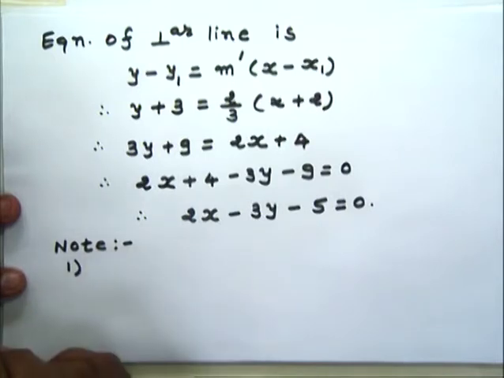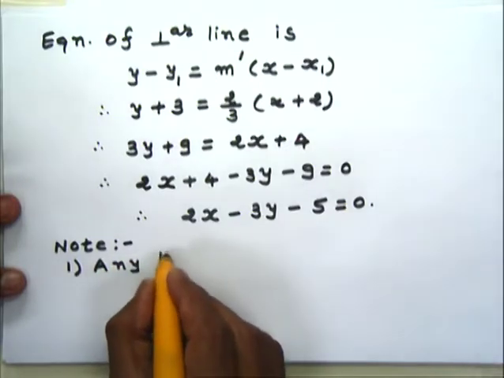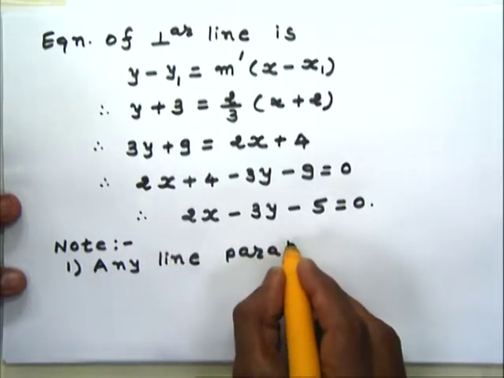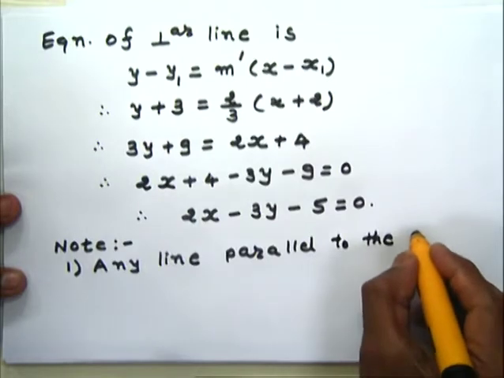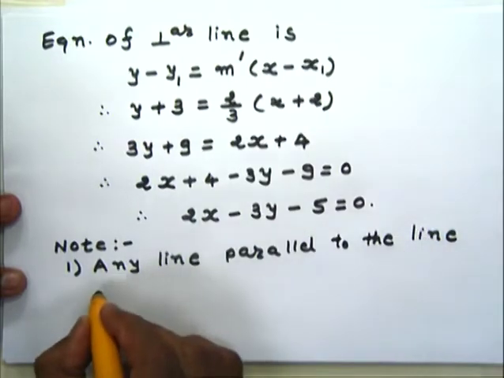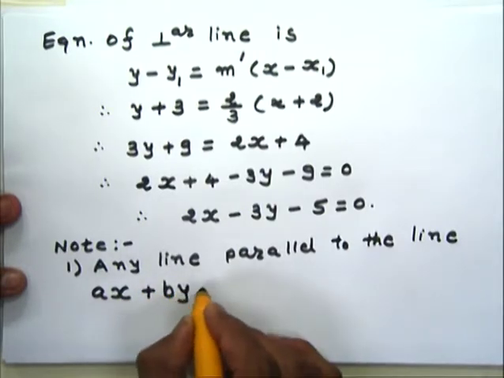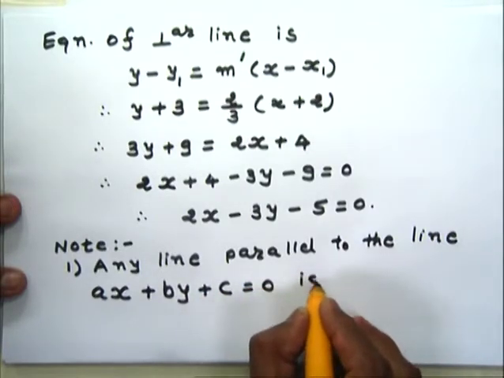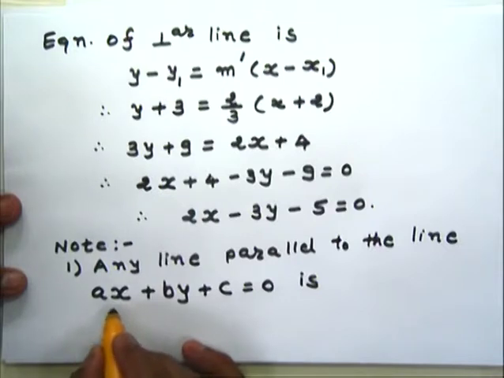Note number 1: any line parallel to the line ax plus by plus c equal to 0 is nothing but, take care, first two terms remain same.